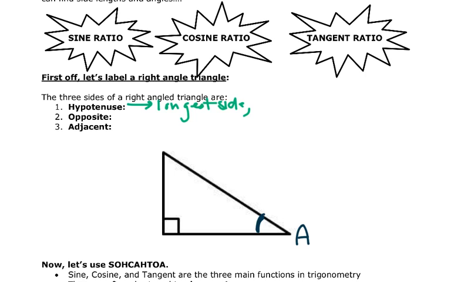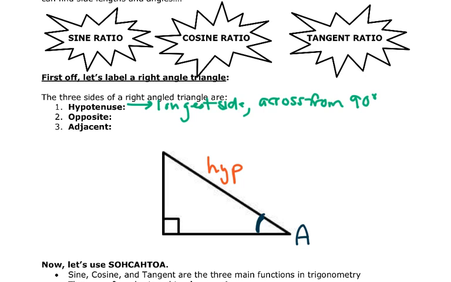So the better way to do it is you can tell that it's the hypotenuse because it's across from the right angle, from the 90 degrees. So we take this 90 degrees and go across, therefore that one has to be the hypotenuse. I'm just going to write short form HYP here, or you can just put an H.